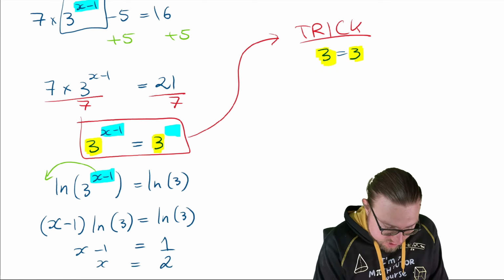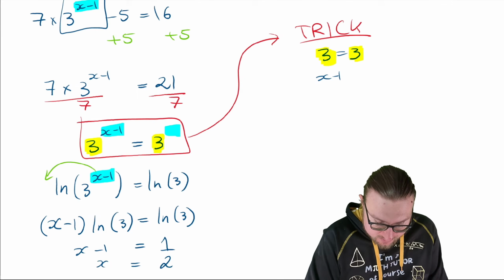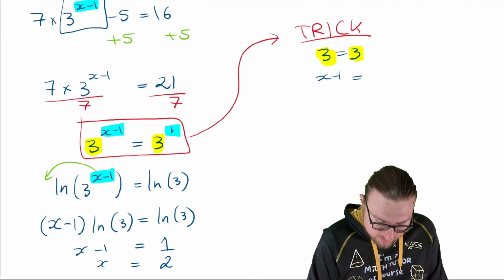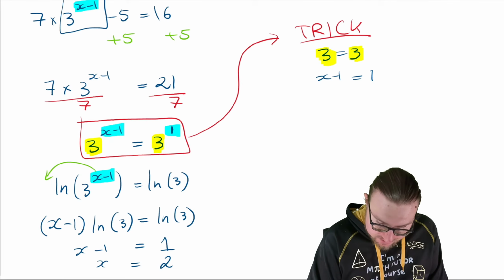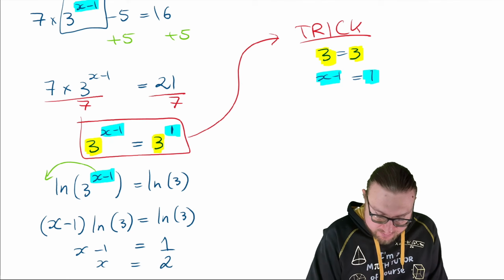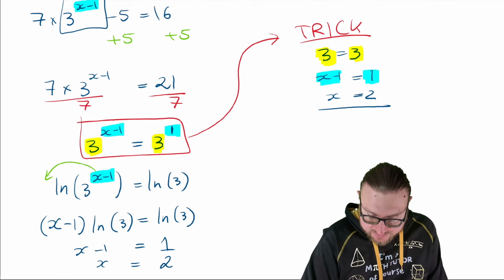So we can use our trick. Then we have x minus 1 as one of the powers, and that should be the same as the other power. And remember, 3 with no power is the same as 3 to the power of 1. So we're matching the powers here. x minus 1 is 1, and that means we're going to get plus 1 on both sides. We get the same answer.